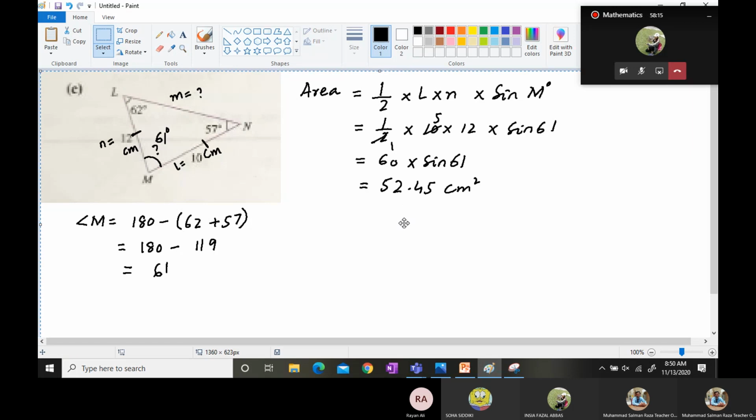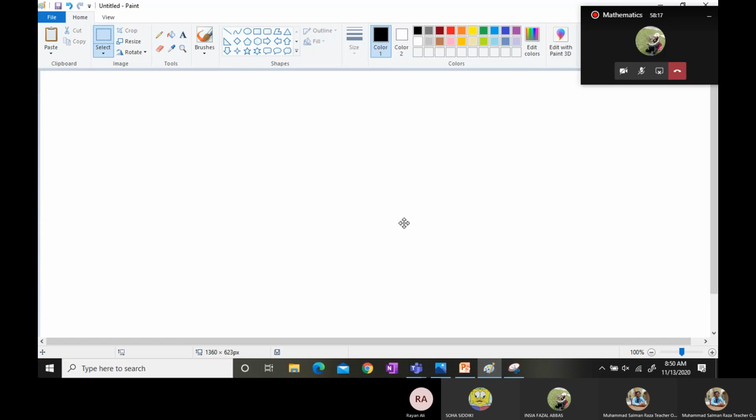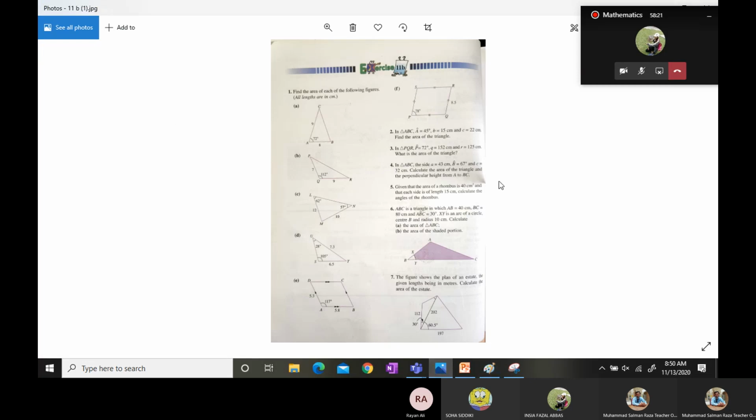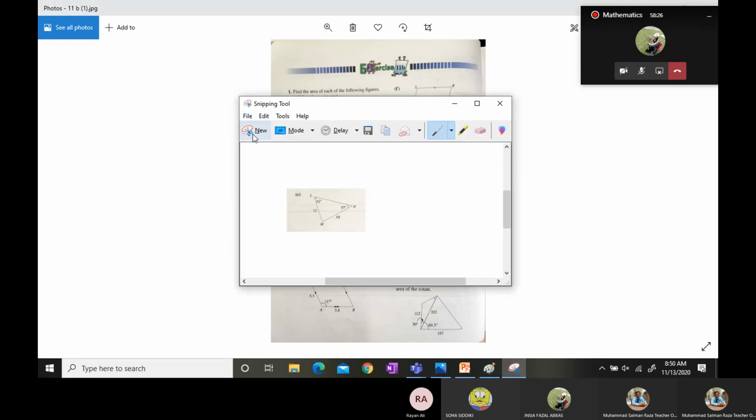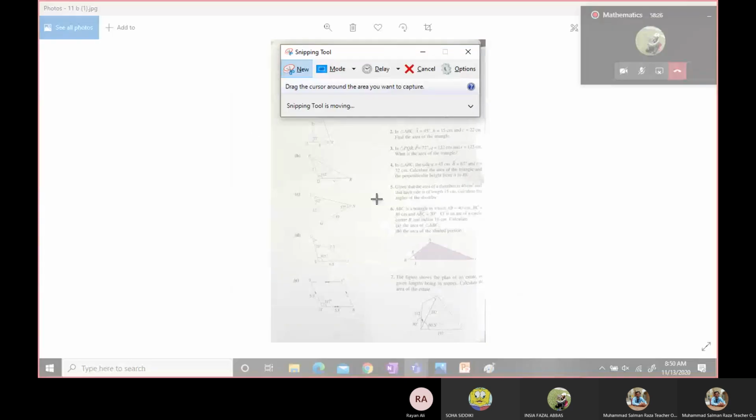Let us take another example of an area-based question over here. A little complicated question, but not impossible. If you guys concentrate a little, you can find out what exactly is the demand of the examiner.